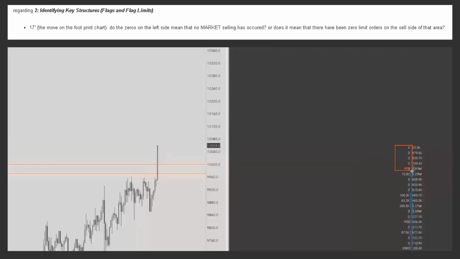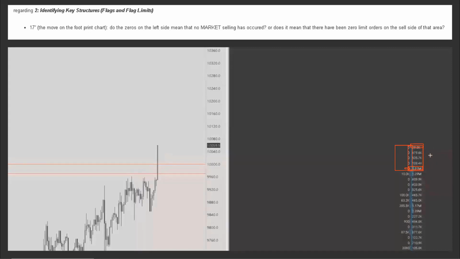Okay, an order to execute $2 million at market. Once that gets executed, it will consume all the available liquidity on the sell side all in one go. So it gaps, and as a result, price will jump from here to here all in one go.